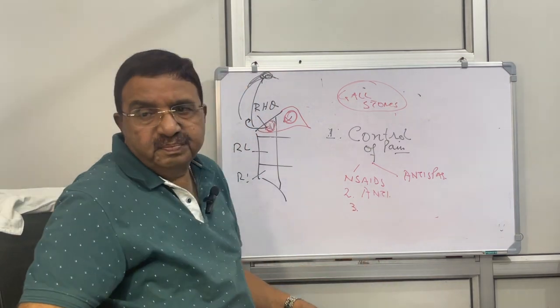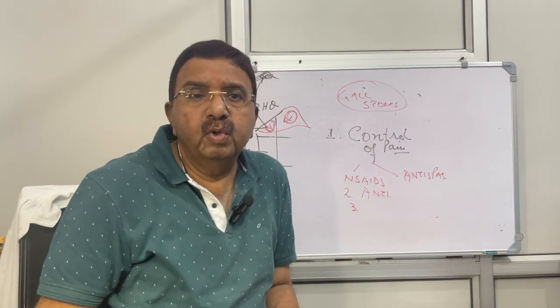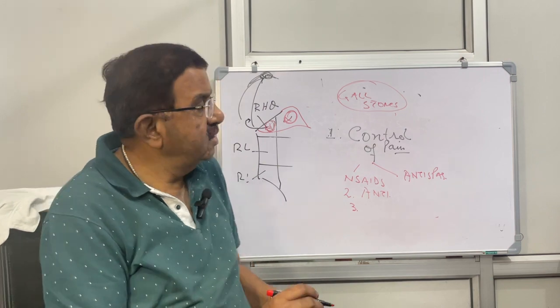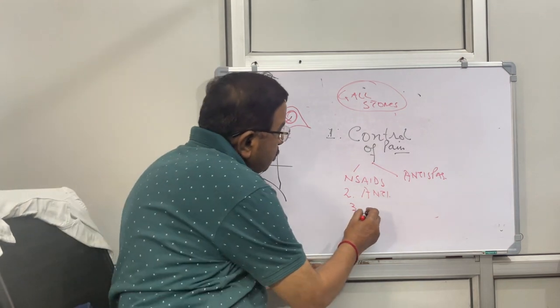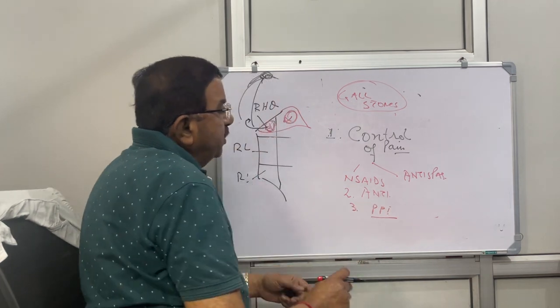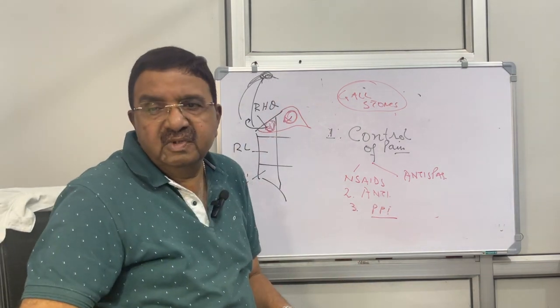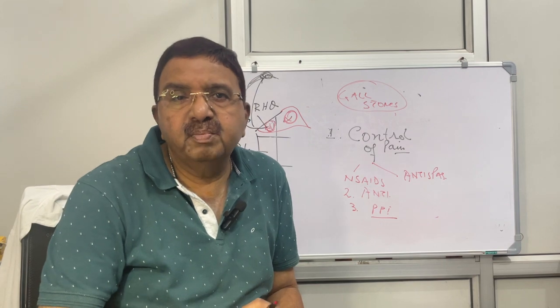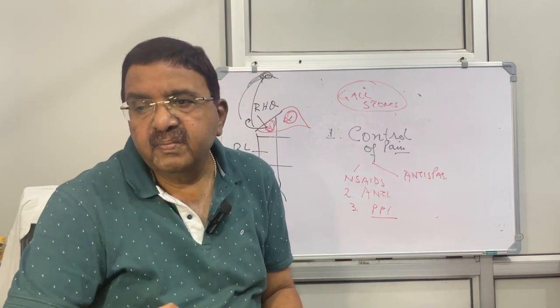Number three, PPI, proton pump inhibitors, that is omeprazole, lansoprazole, rabeprazole, pantoprazole, etc. They are called PPIs, proton pump inhibitors.